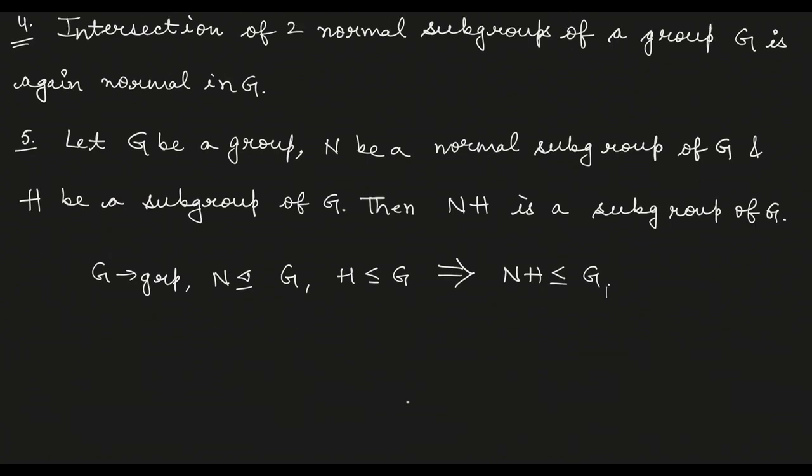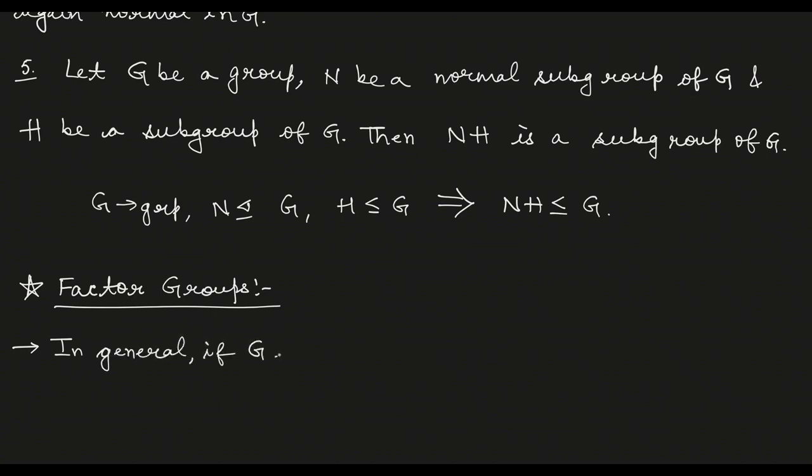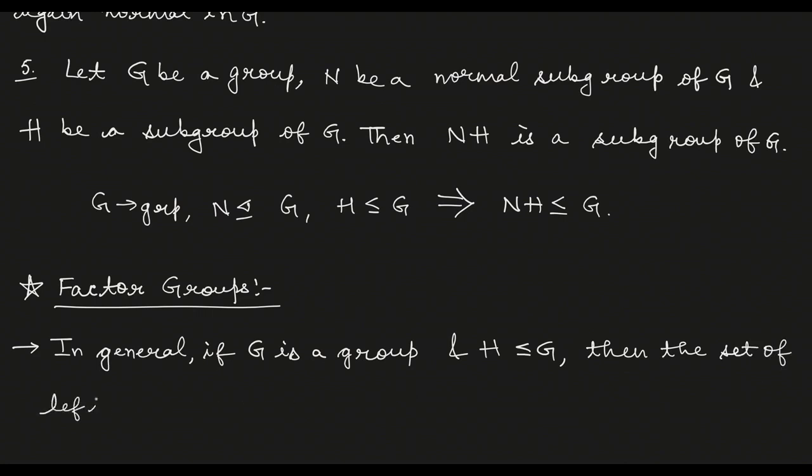Next is factor groups. In general, if G is a group and H is a subgroup of G, then the set of left cosets of H in G does not form a group.